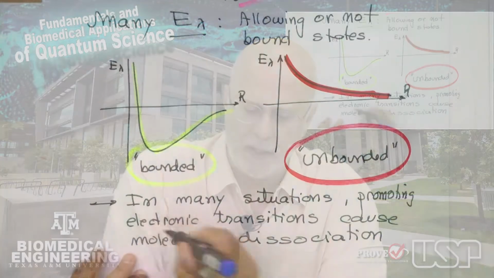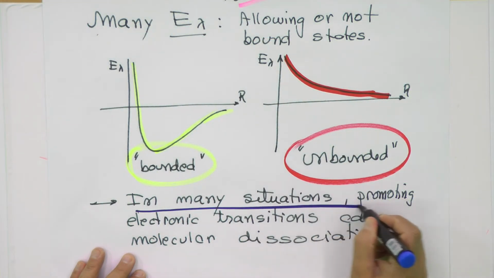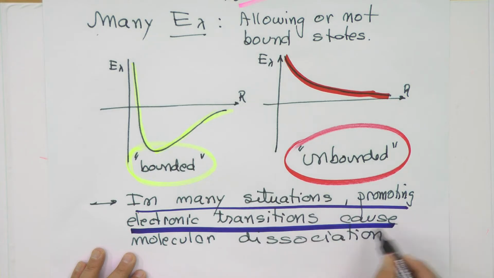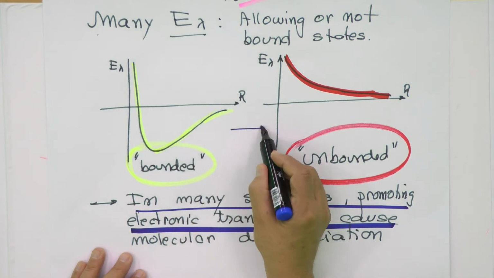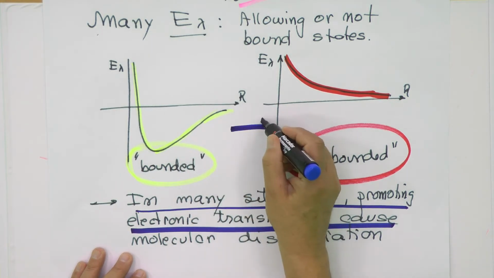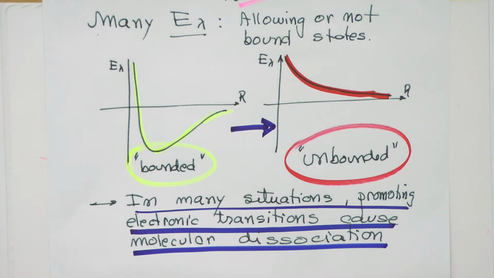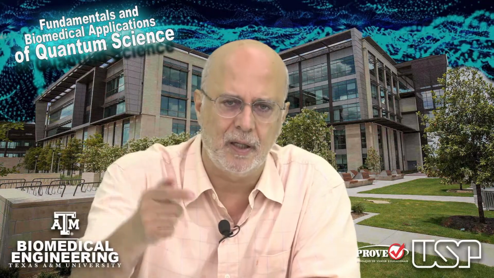So in many situations, promoting electronic states through a transition from one to the other, from a bounded to an unbounded state, we produce the molecular dissociation. So you see, you can manipulate this by manipulating the electronic states.